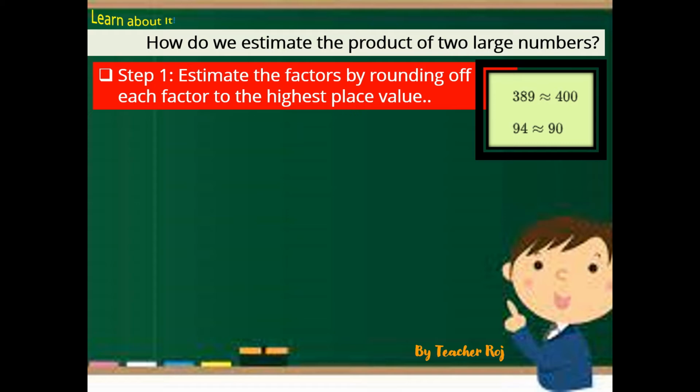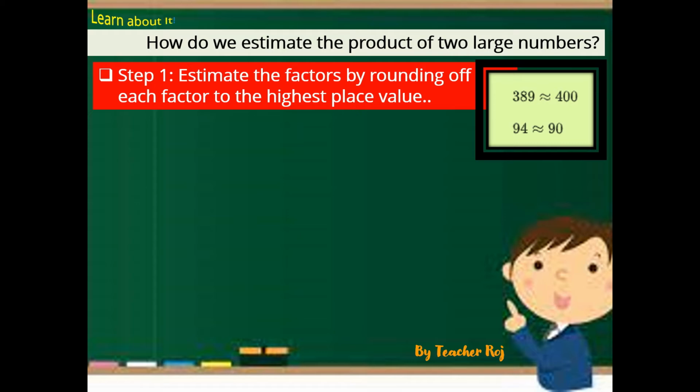So, according to our step 1, estimate the factors by rounding off each factor to the highest place value. So 389 is almost equal to 400. If you round 389, the highest place value is in the hundreds place. Then that is 3. So if you round off 3 in the hundreds place, that is 400.